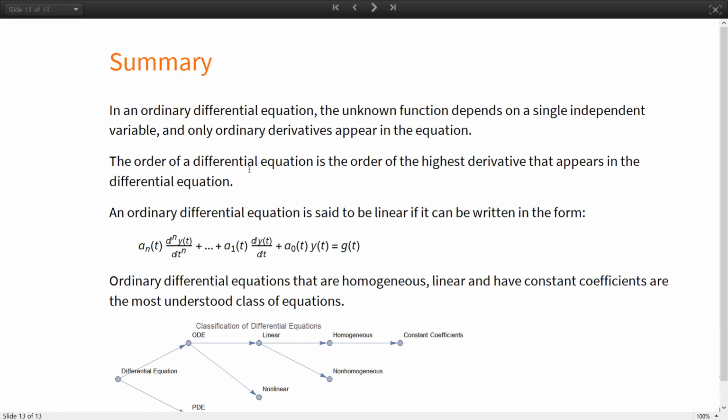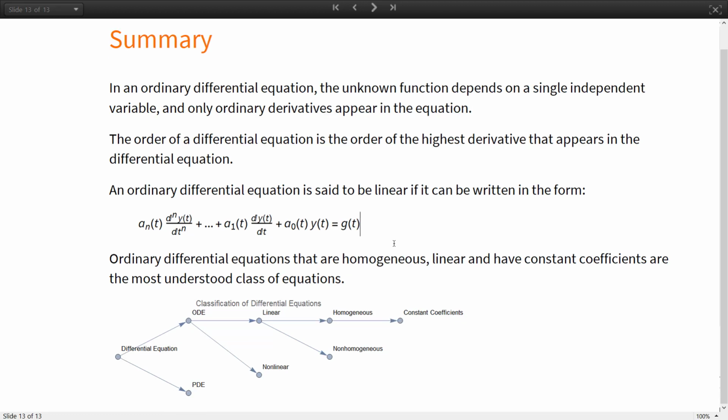We learned that an ordinary differential equation is said to be linear if it can be written in this form, while the equation is said to be homogeneous if the g of t term is 0 and non-homogeneous otherwise. Ordinary differential equations that are homogeneous, linear, and have constant coefficients are the most understood class of equations and will be our topic of study shortly.